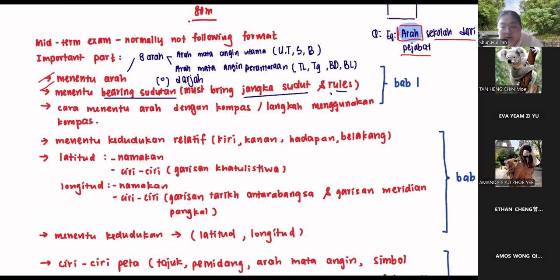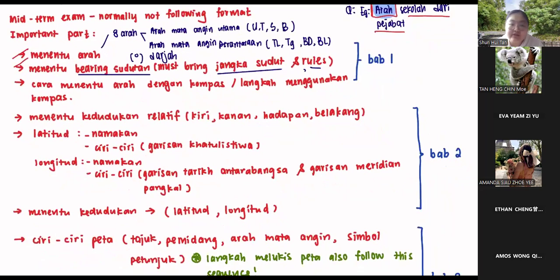So for the first term, you need to spend a little bit of time to memorize this. But for second term or final term, you can just memorize the chapter behind instead of this. So you can just treat it as a first term exam limited edition. How to use a compass.